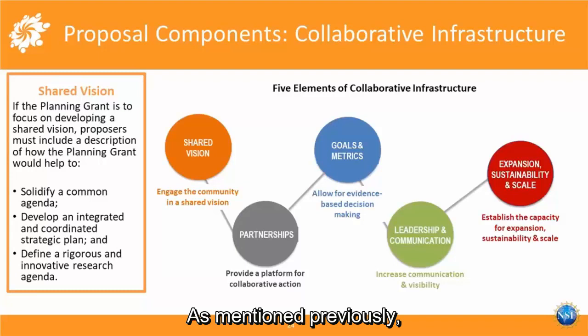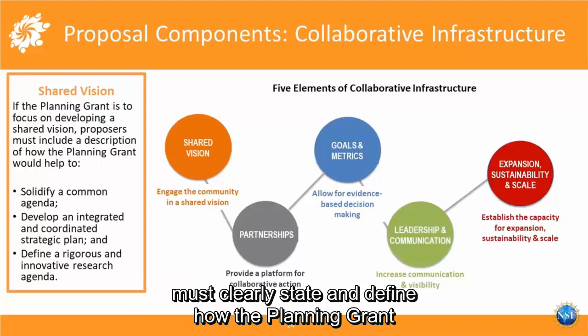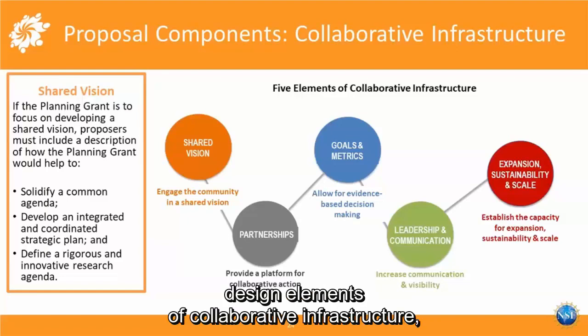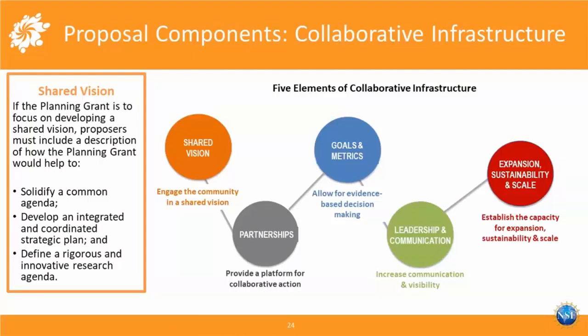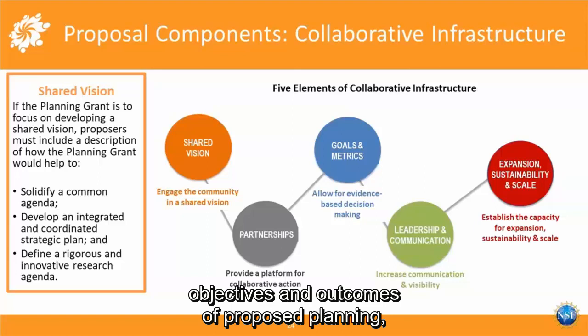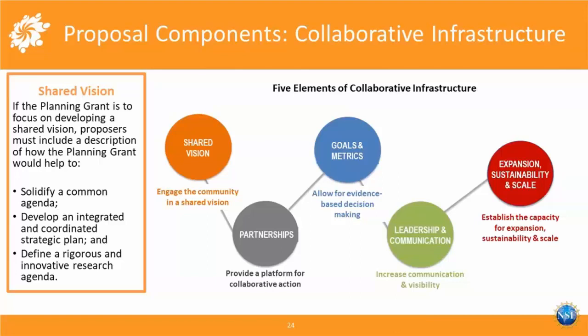As mentioned previously, the collaborative infrastructure section must clearly state and define how the planning grant will be used to develop one or more of the 5 NSF Includes design elements of collaborative infrastructure, including possible dates, locations, participants, objectives, and outcomes of proposed planning, meetings, and other relevant information.